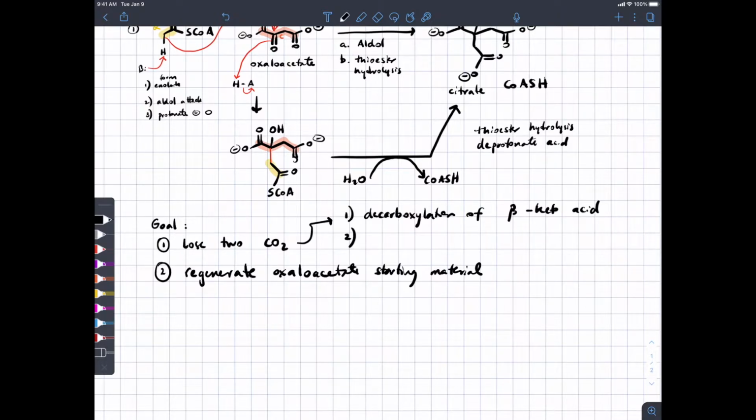Or alternatively, we can do oxidative decarboxylation of an alpha keto acid, and that's what we did last time with the pyruvate dehydrogenase complex, and that required thiamine pyrophosphate ylide and lipoate as cofactors. So we got 2 different methods for decarboxylating.